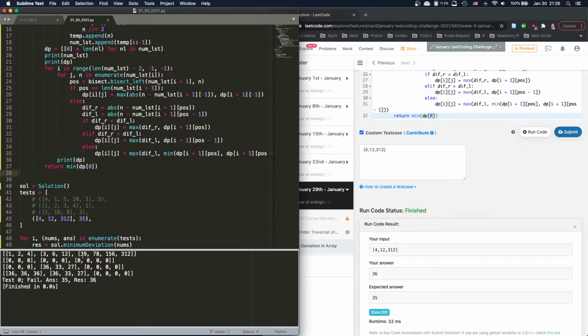So instead of 12, if this is a little bit bigger, then I can choose another value, say not 39. But the point is this cannot choose the smallest. You will miss.